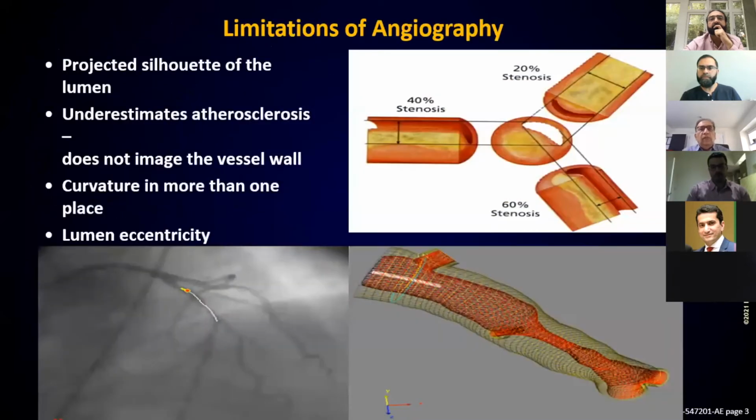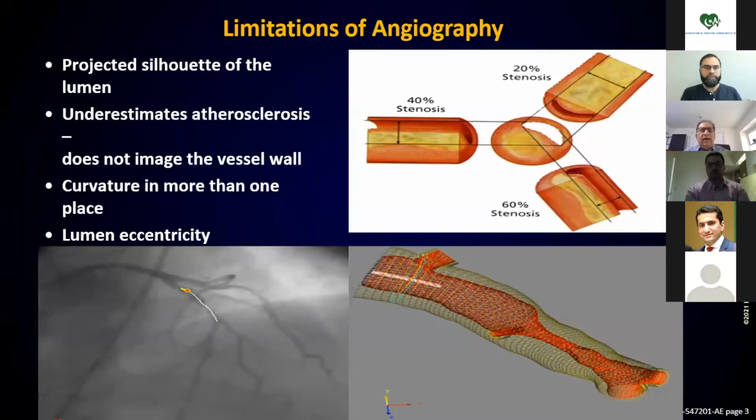So what are the limitations of a gold standard coronary angiography? The projected silhouette of the lumen is not adequate. It can underestimate or overestimate the stenosis. And the whole extent of coronary atheroma cannot be visualized because it's a two-dimensional luminogram.